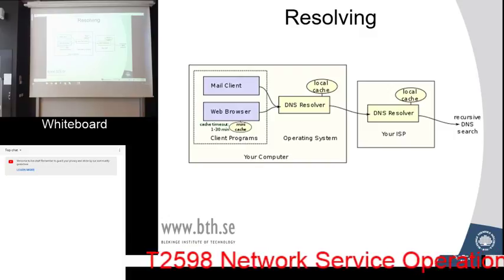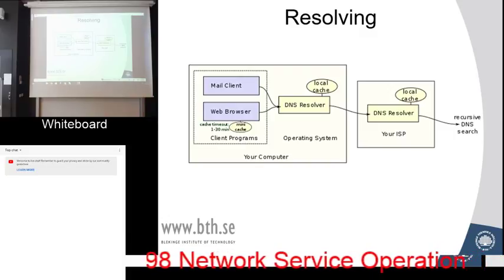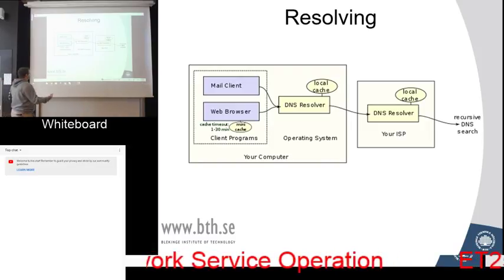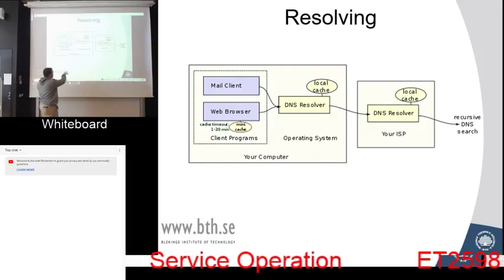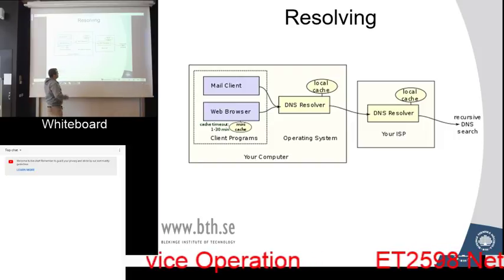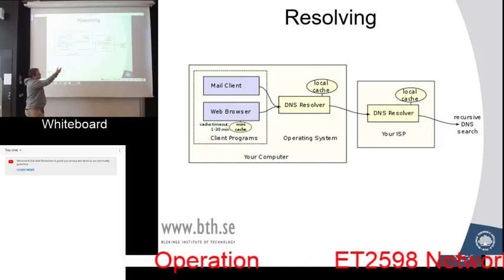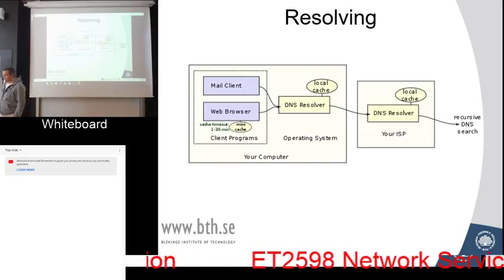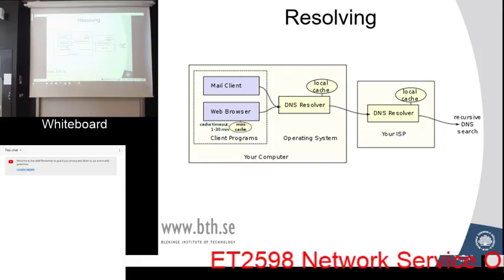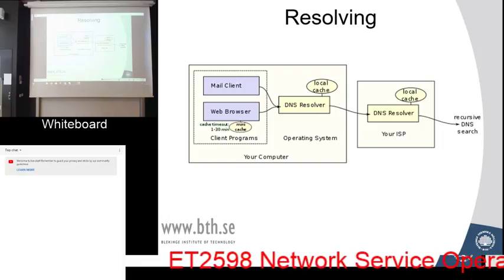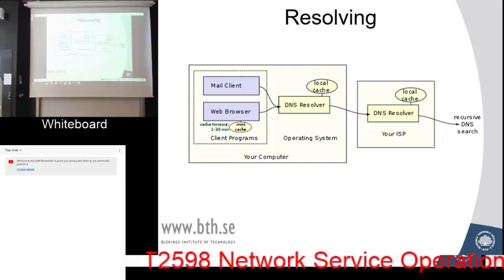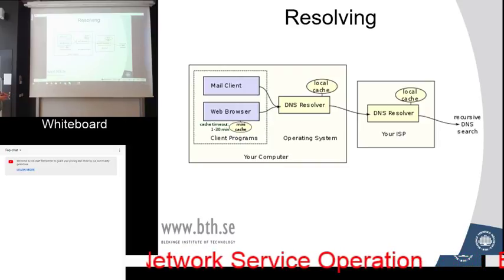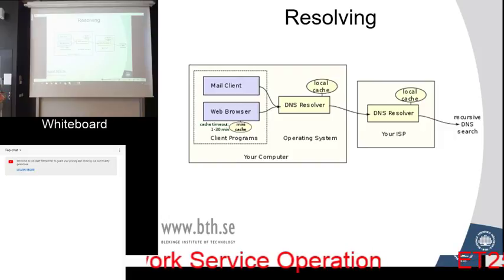So how does resolving work? In this case, we have our computer, and we have an ISP, or someone with a DNS server. When we need to resolve a name, we have a local DNS resolver configured.